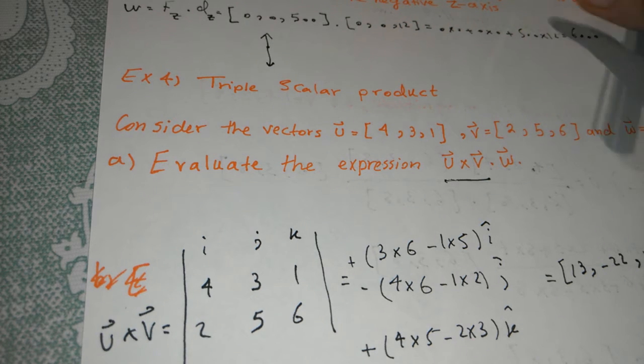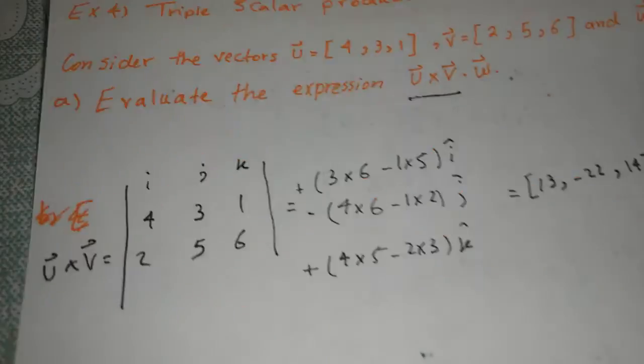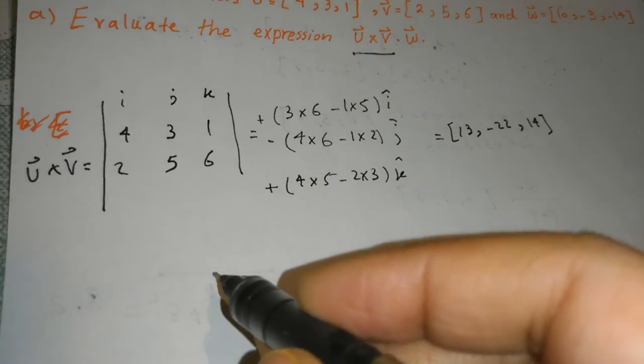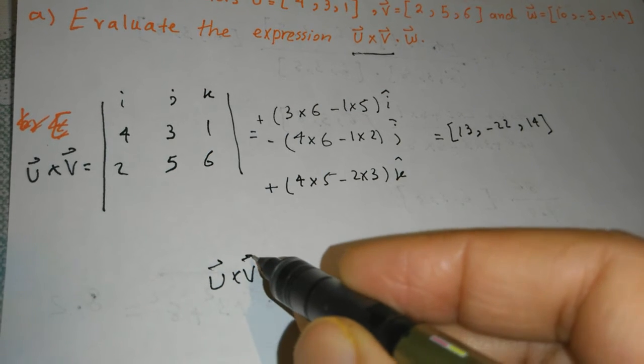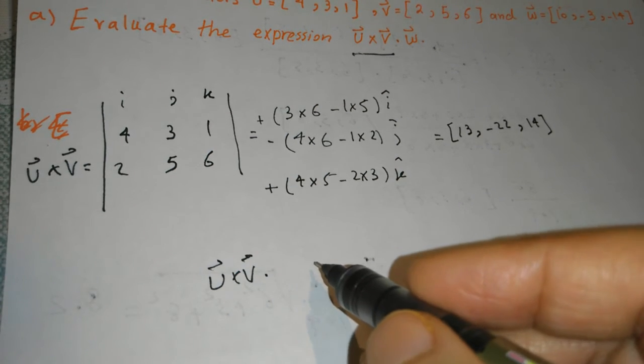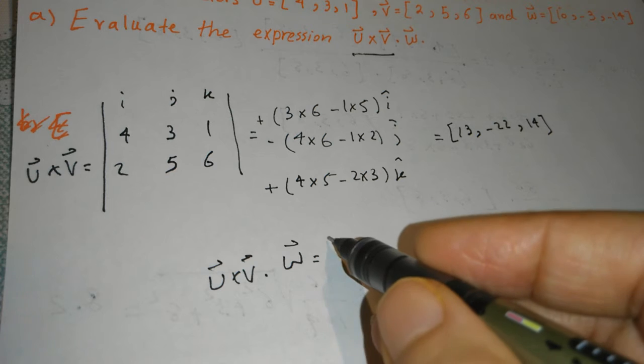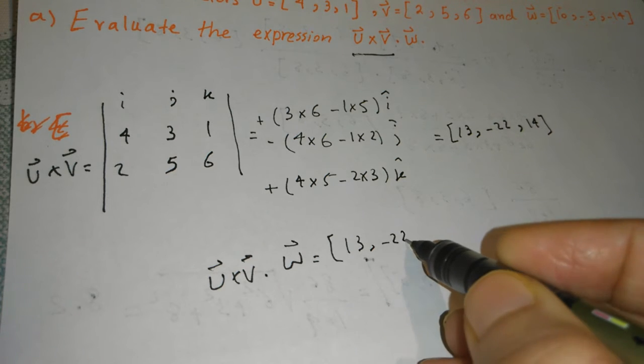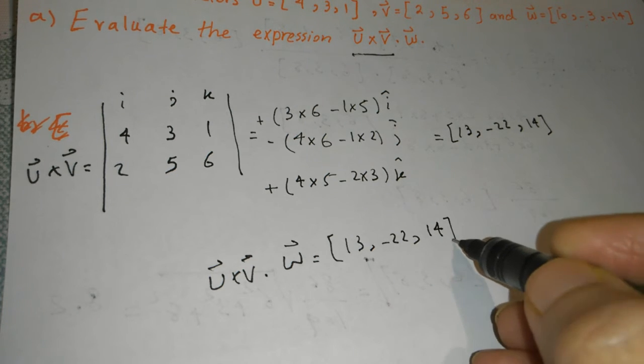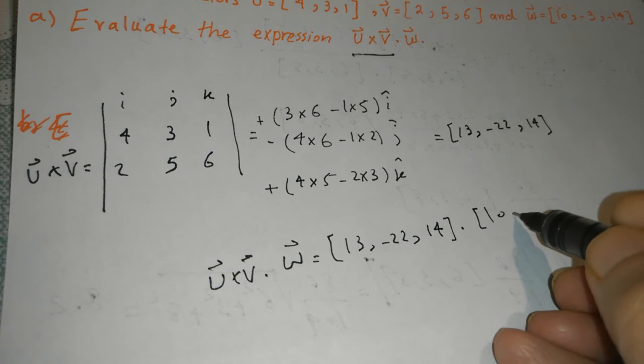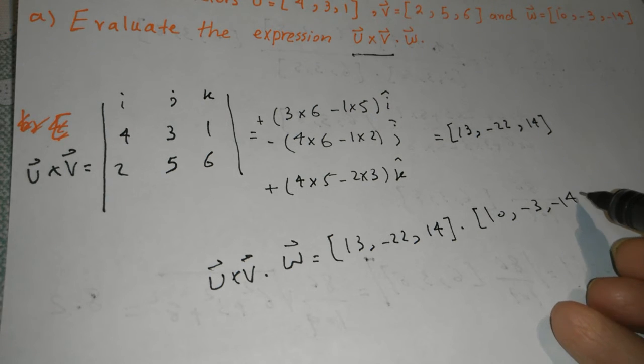Now I want to do U cross V dotted with W. So U cross V is 13, negative 22, and 14. W is 10, negative 3, and negative 14.